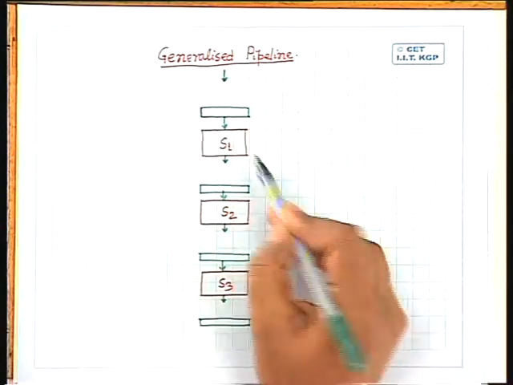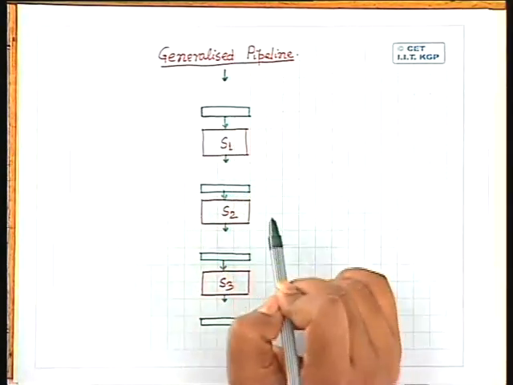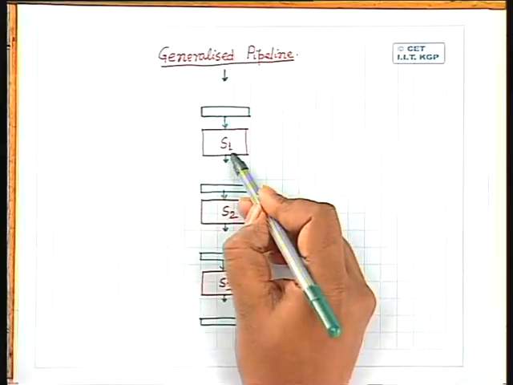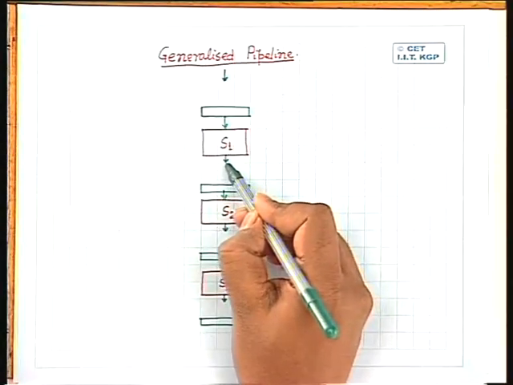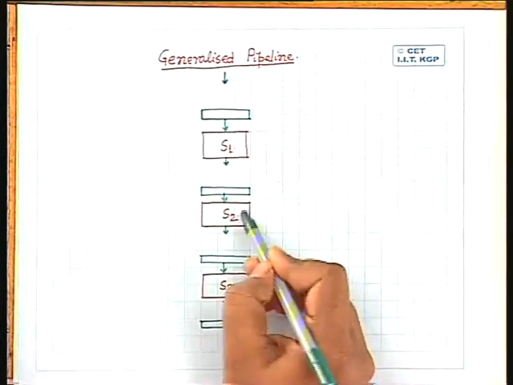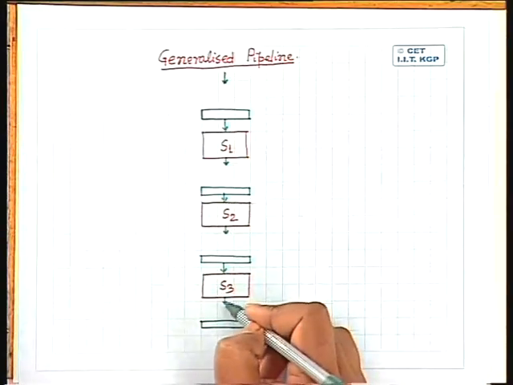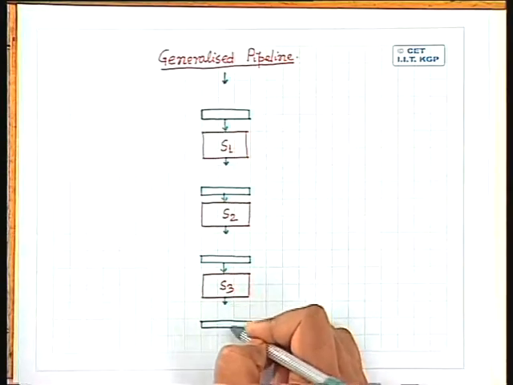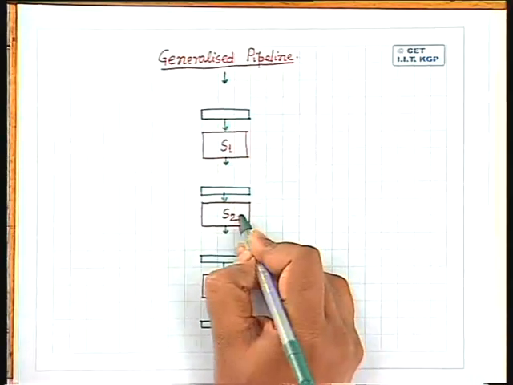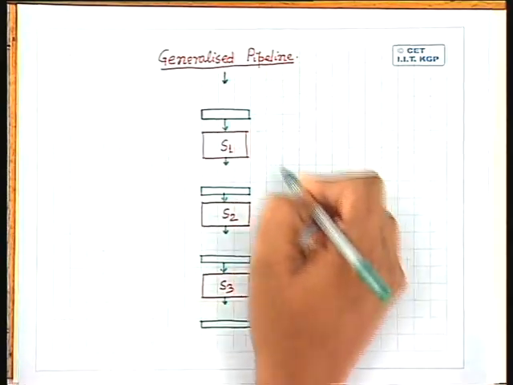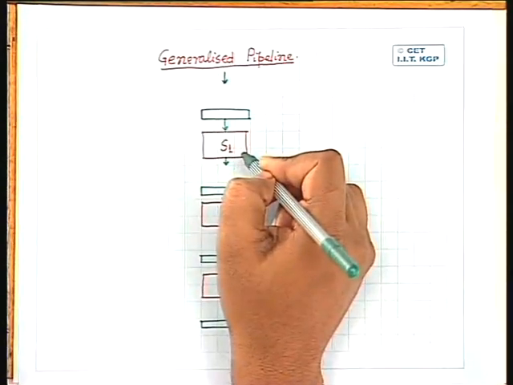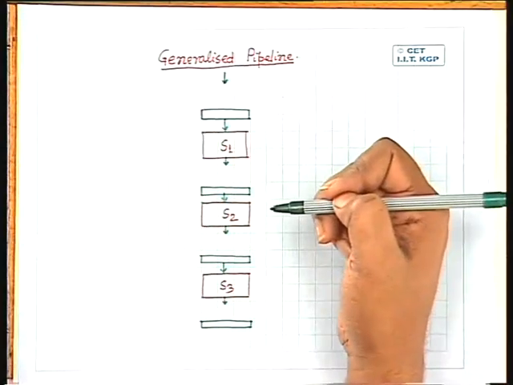But now, in case of a generalized pipeline, I can also have a provision that from S1, I should be able to send the data to S3 bypassing S2. Similarly, from output of S3, I should be able to send the data to S2. I should also be able to send the data to S1, which will be the feedback connection.